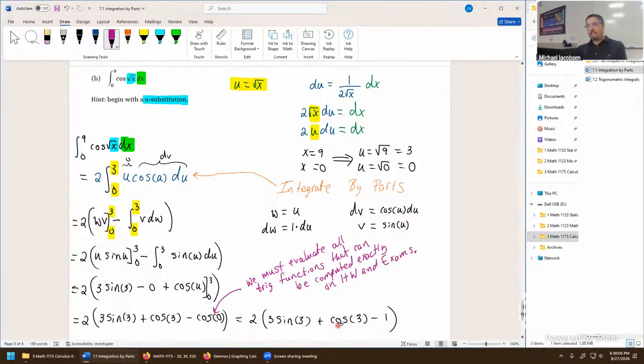So if it was cosine 3, that's a good one to just leave in that form. That's the most exact way we can write it.